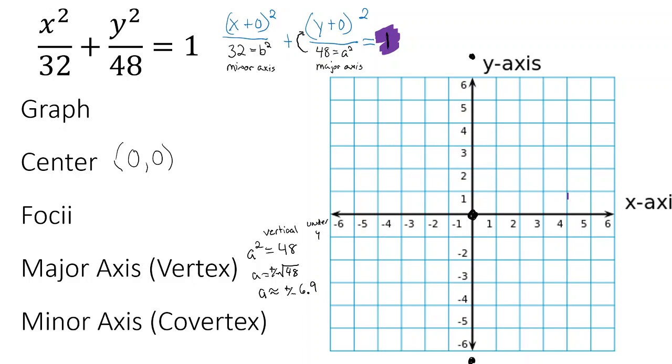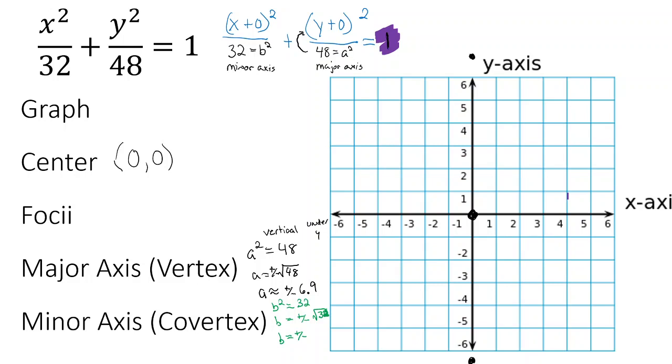So now if we talk about the minor axis. The minor axis, let me get a different color out here to help us understand this, is b squared equals 32. So b equals plus or minus the square root of 32. I think it's going to be approximately, just an estimation before I even get started, about 5.5.